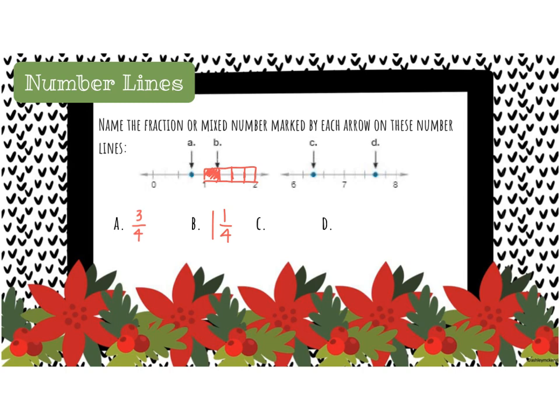Okay, now looking over at C. Notice my numbers. I have 6 and 7. My point is between 6 and 7. So it's going to be a fraction or a mixed number. Mixed number, good. And it's going to start with 6. It'll be 6 and something. What is it?